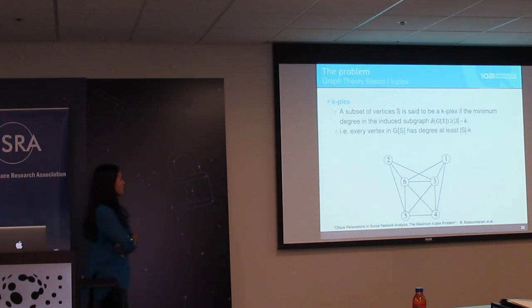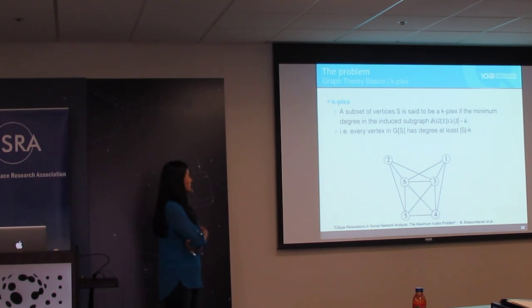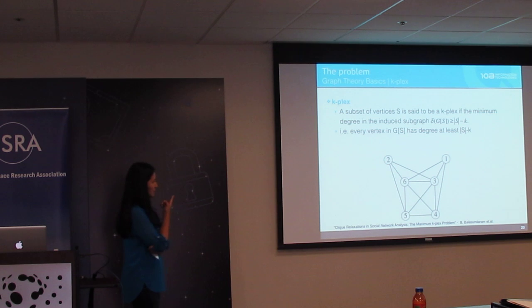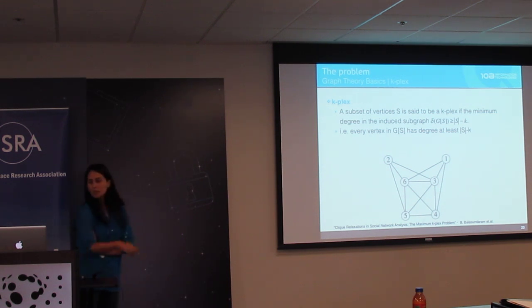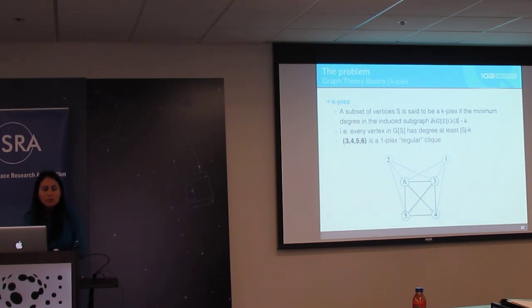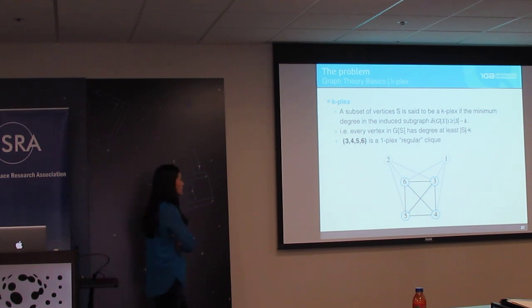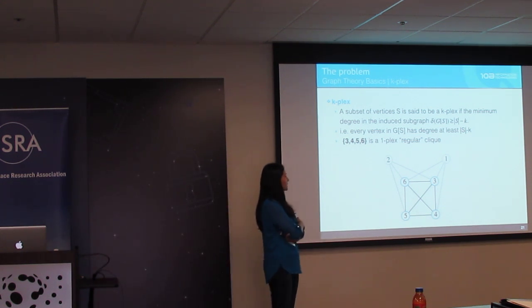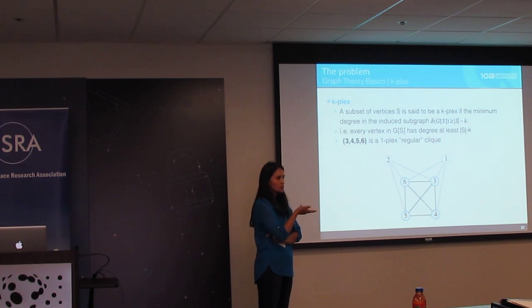The definition of a K-plex is that for every vertex in this subgraph, we ask for a degree at least S minus K. This is known to be an NP-hard problem for any integer K. In this example of a graph, when you have K equal 1, you recover the classical clique.